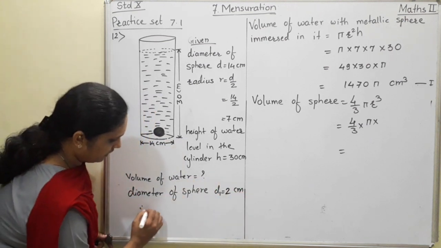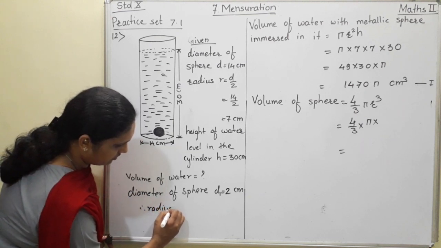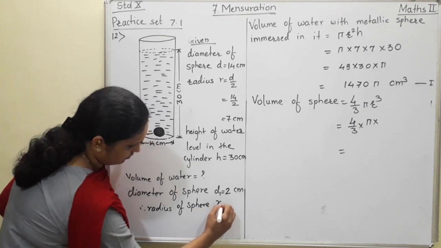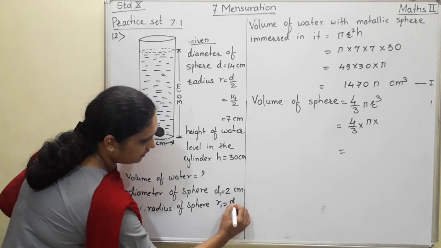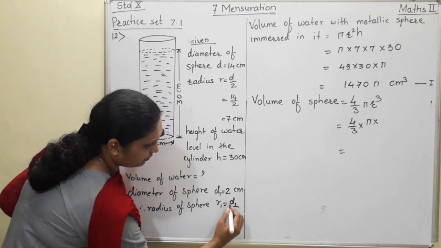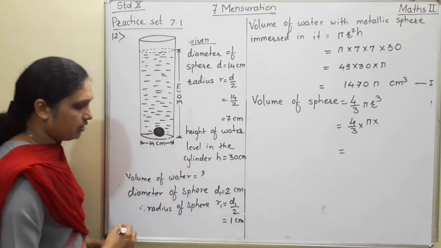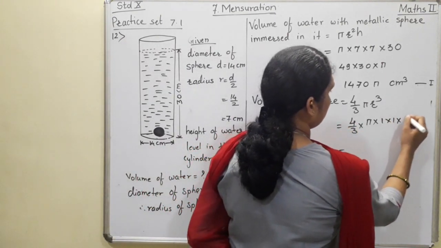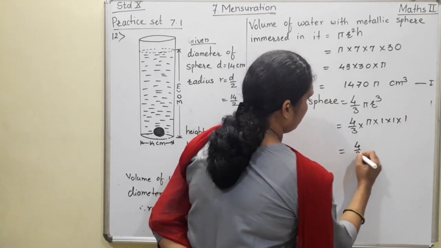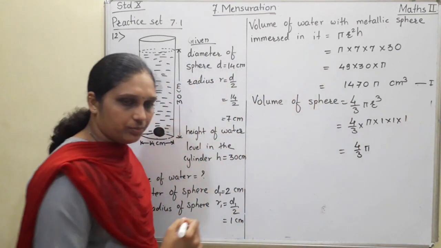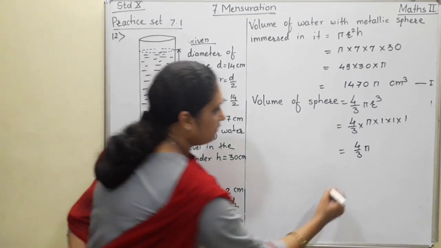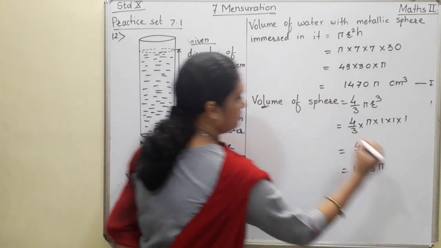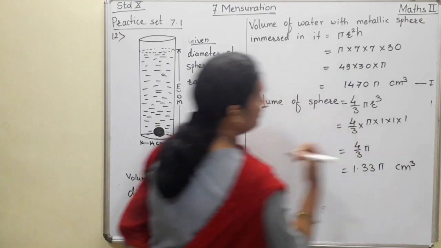And now from this we'll find the radius of the sphere. R1 is d1 upon 2, which is 2 upon 2 is 1 centimeter. Now this radius I am going to write here: 4/3 pi into 1 into 1 into 1. So the value is 4/3 into pi. Now 4 upon 3, if you do the calculation, it will be 1.33 pi. Now as it is a volume, the unit will be centimeter cube.